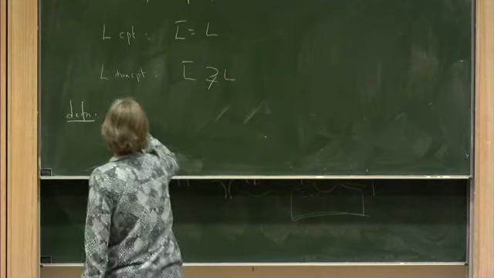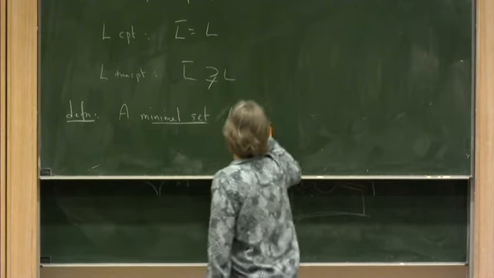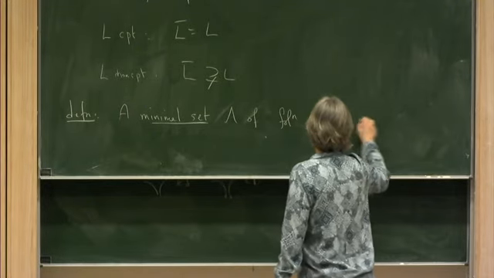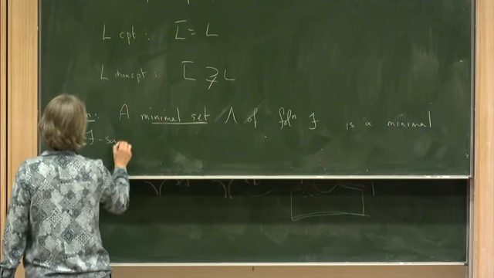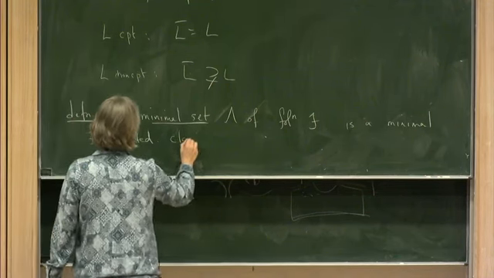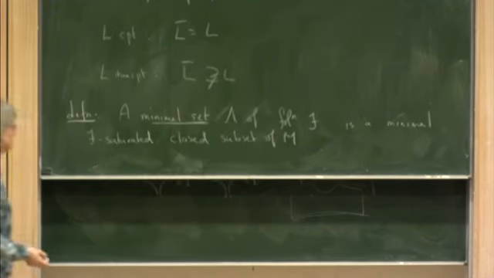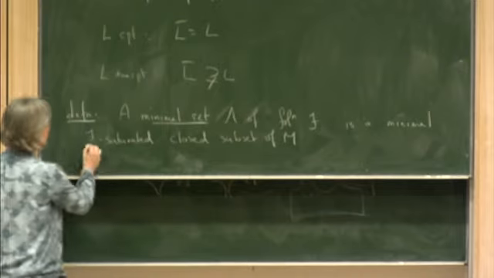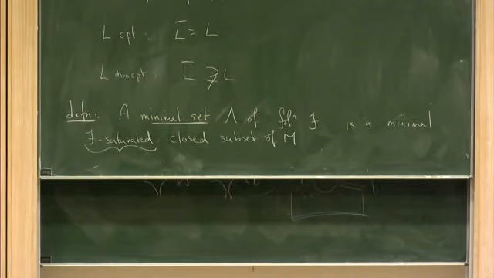So a minimal set lambda of a foliation F is a minimal F-saturated closed subset of M. F-saturated just means that if my subset has non-empty intersection with a leaf, it's going to contain the leaf.